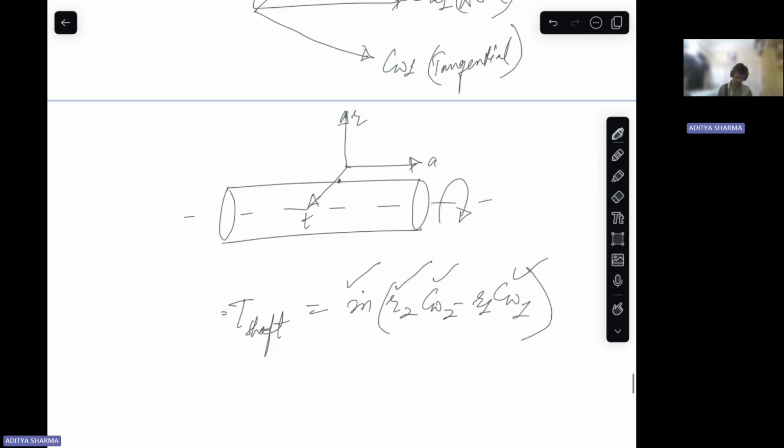Then power you can calculate from here. Power is torque into your angular velocity.